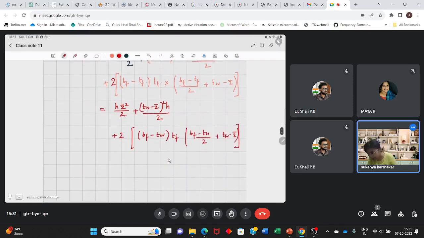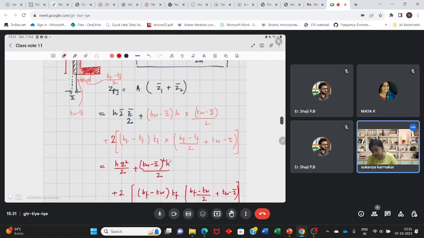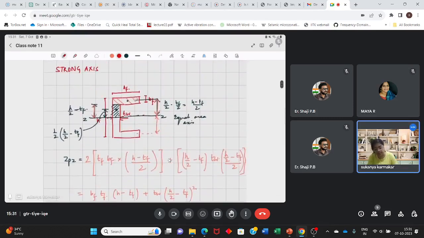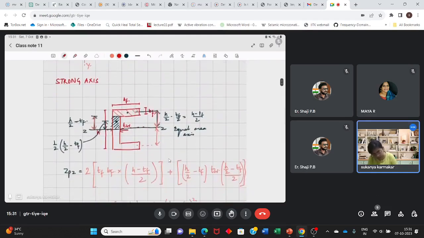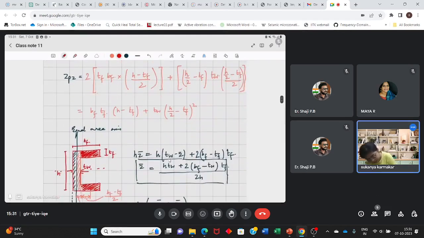Now suppose the equal area axis lies outside the web. Then what will happen? Let's consider that case as well. So this was for the strong axis, and here we start the weak axis.